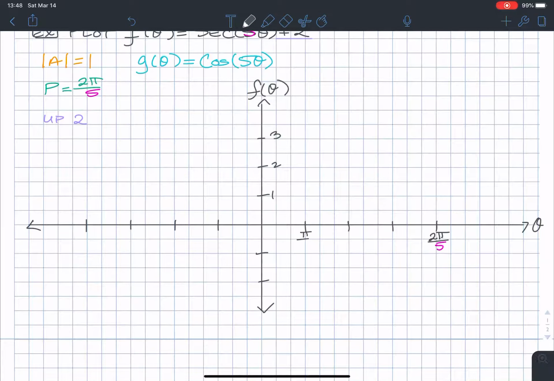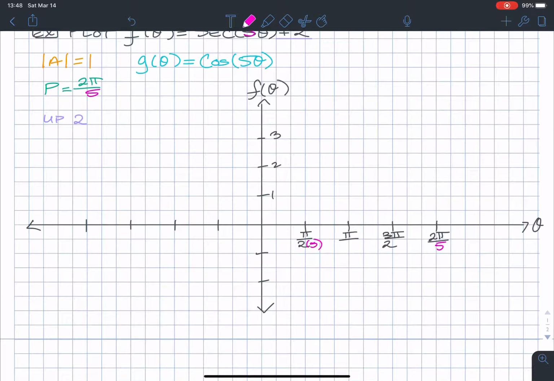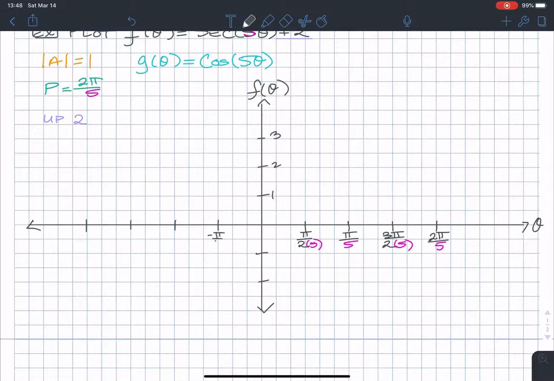So each of my quadrants will be divided by the coefficient of theta. Hence I divide each by 5. And this, of course, corresponds to negative pi over 10, negative pi over 5, negative 3 pi over 10, and last but not least, negative 2 pi over 5.